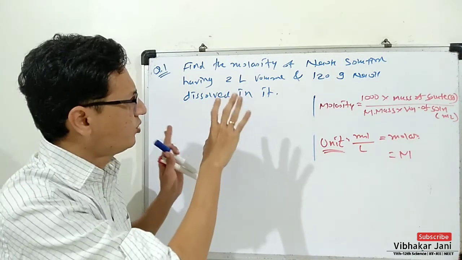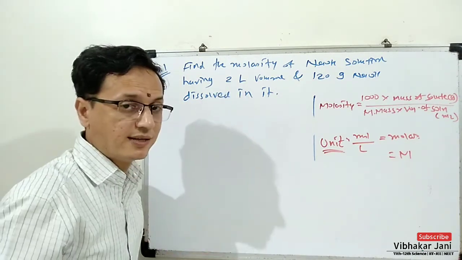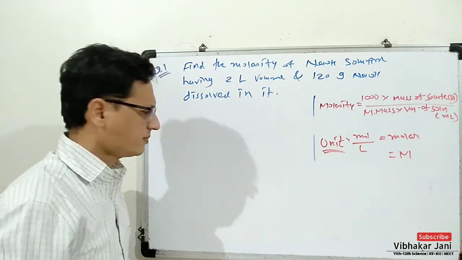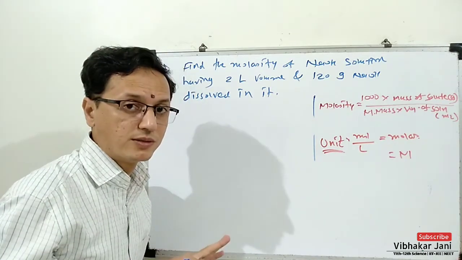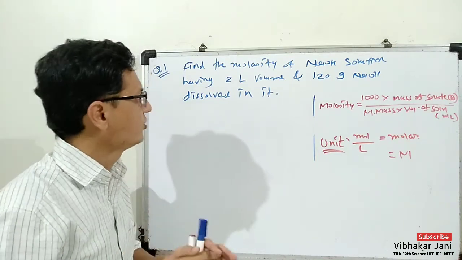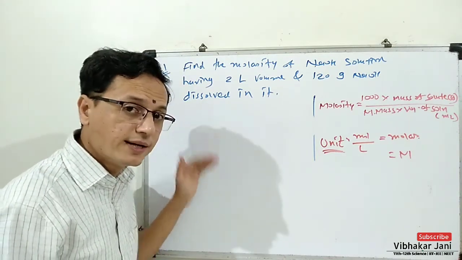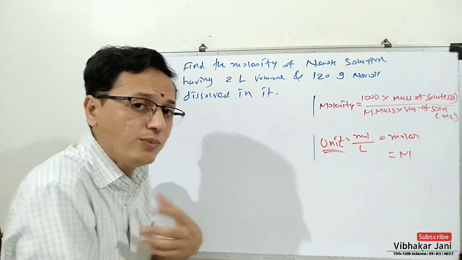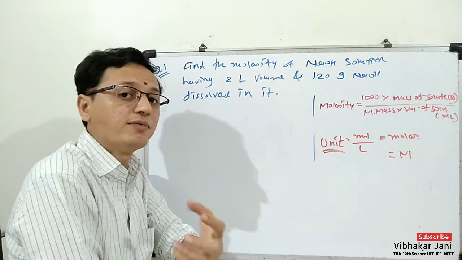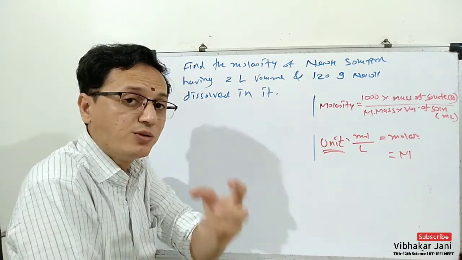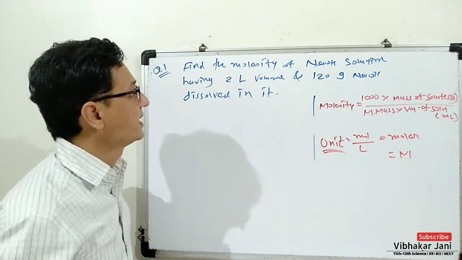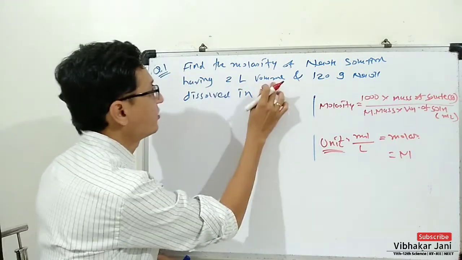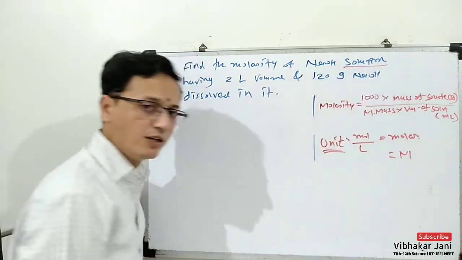If these kind of questions are asked, then first of all, you should not decide whether you can solve this problem or not. First of all, you just make a list of given data. Then automatically you will come to know which formula you can use to solve this problem. So let us make a list of given data. Here we have 2 liter volume, which is the volume of our solution.